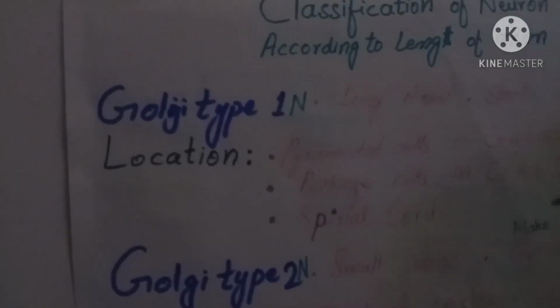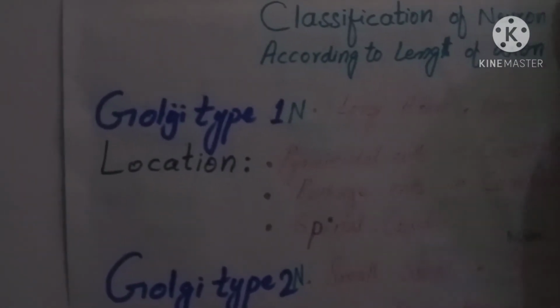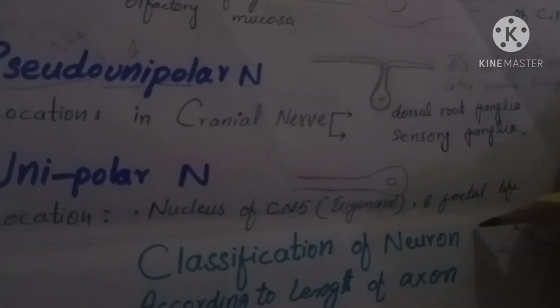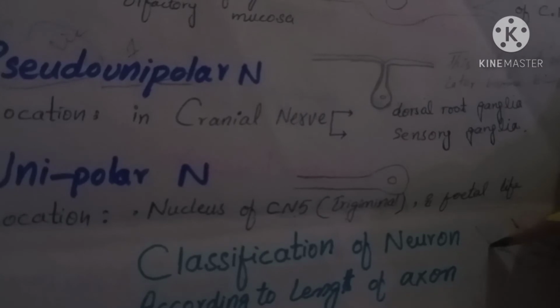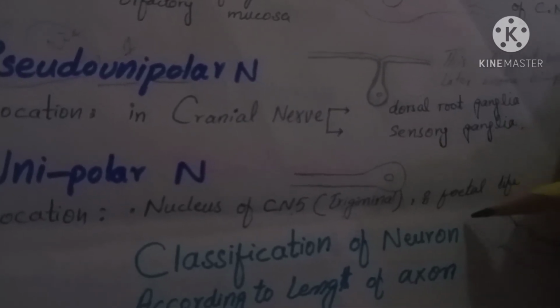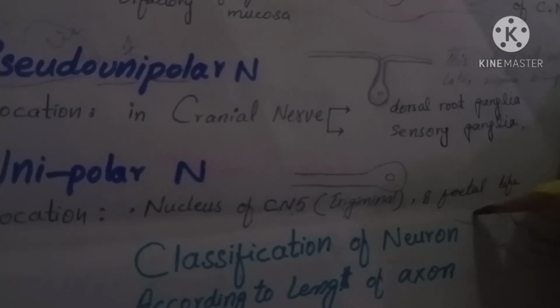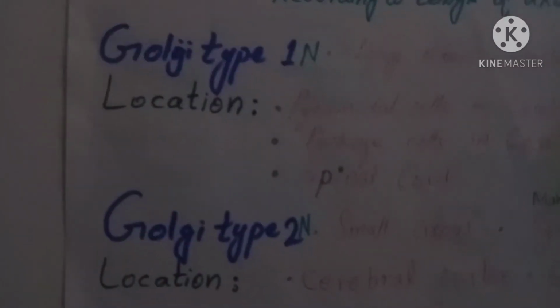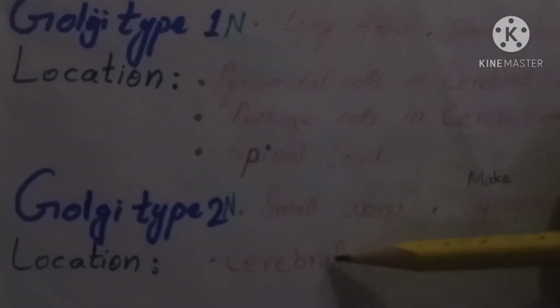It also makes synapse with the nearby neurons. Suppose here is another neuron, it makes synapse with that. In this way it makes synapse with other neurons, and its location is in cerebral cortex and in cerebellar cortex.